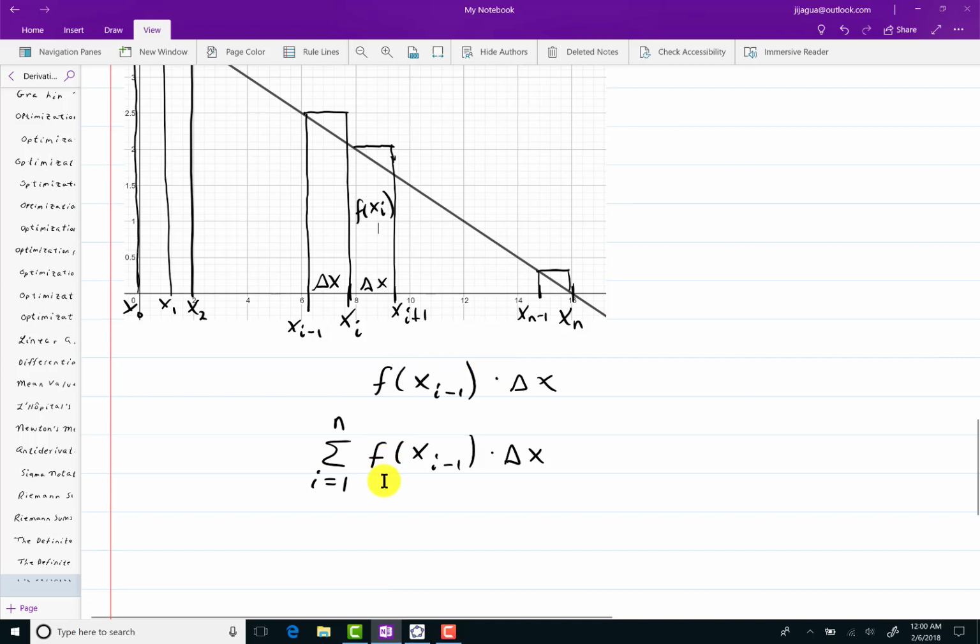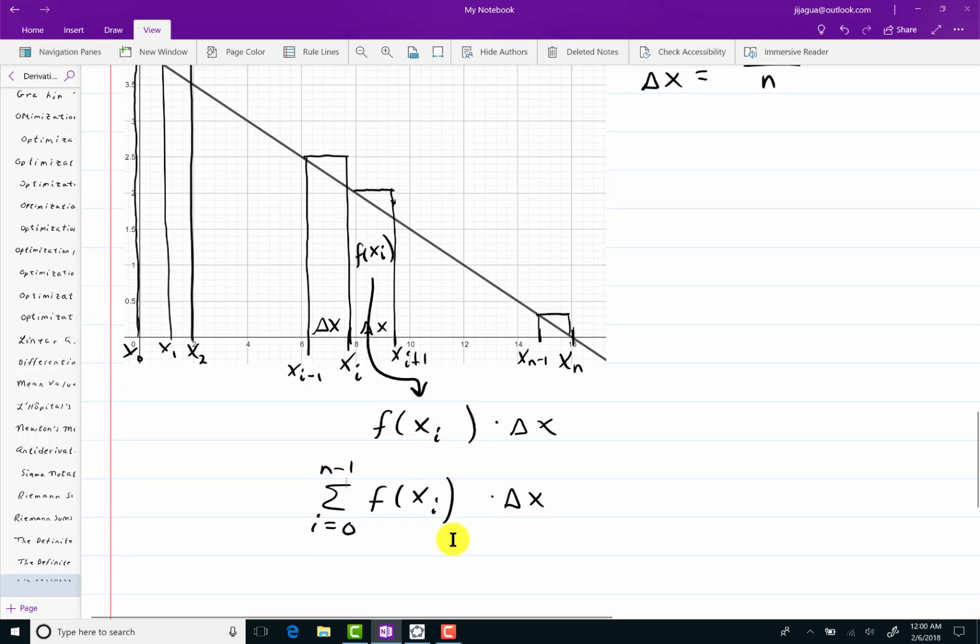Now, the area of this rectangle, so this is the guy here, is going to be f of xi times delta x. But now, because you want it to end at n minus 1 and model what we did on the previous problems, you can go from i equals 0 to n minus 1. It's going to be easier to plug this stuff in if you do leave it like that.